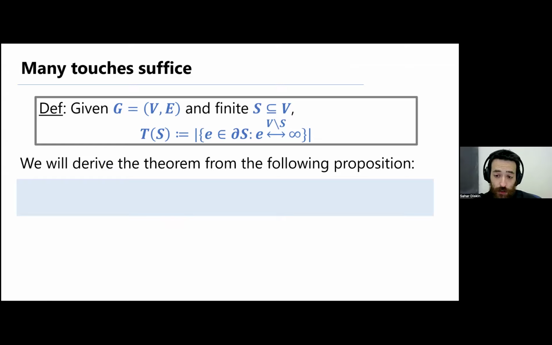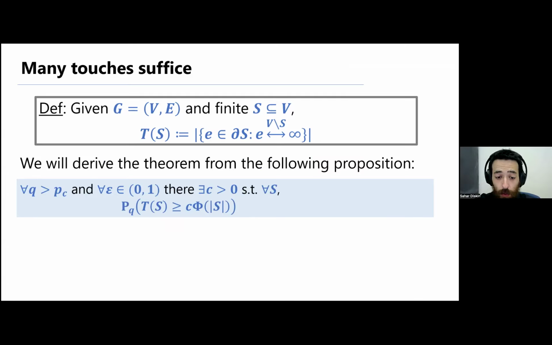And in order to prove the theorem, we'll derive it from the following proposition. For any supercritical parameter q, and for every epsilon, there exists some constant c such that for any set S, the probability under q percolation that the number of touches is at least this constant times phi of the set is at least 1 minus epsilon to the power of this constant times phi of the size of the set.